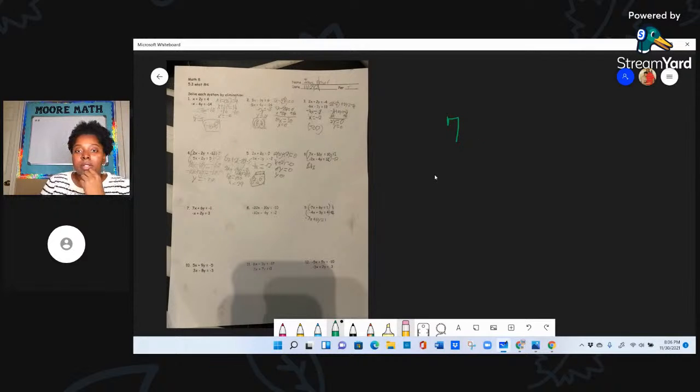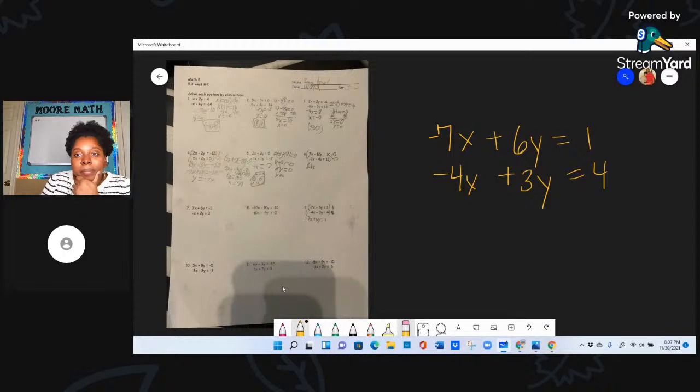Let me see that. I'm looking at the wrong one. Negative 7x plus 6y equals 1. Negative 4x. I was looking at number 6. Okay, here we are.